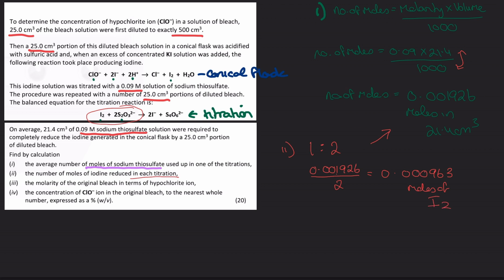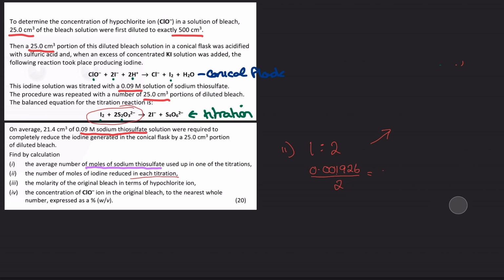You can write this in terms of scientific notation if you prefer. Okay, that's our part 2 done. Part 3 is next. So I'm just going to wipe all of that out, and we'll focus on part 3.